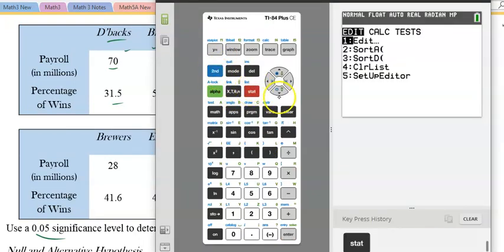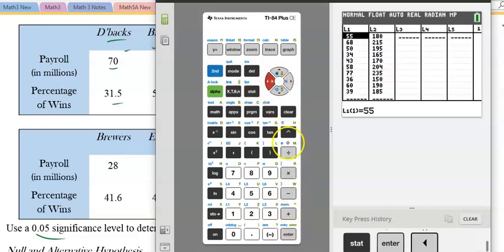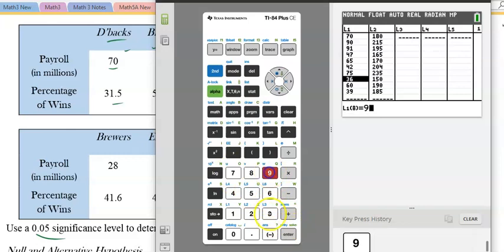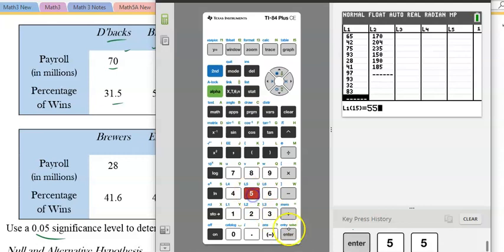So we're going to go for stat, edit, and we're going to go to the first table and input all of these numbers. 70, 90, 91, 47, 65, 42, 75, remember these are millions, 93, that should be the 8th, 28 million, 41 million, 97, 93, 32, 83, 55, and 82.